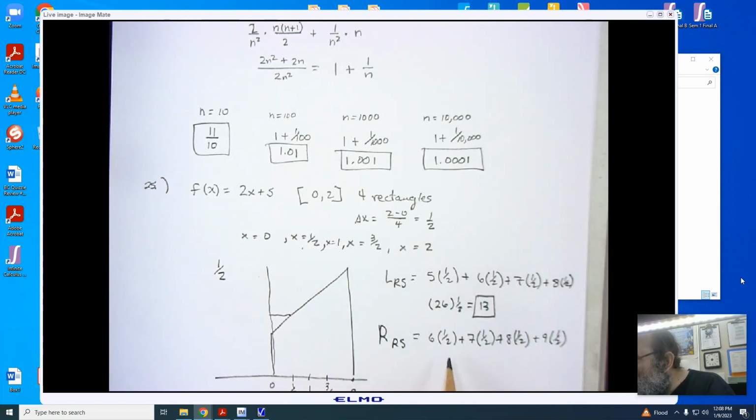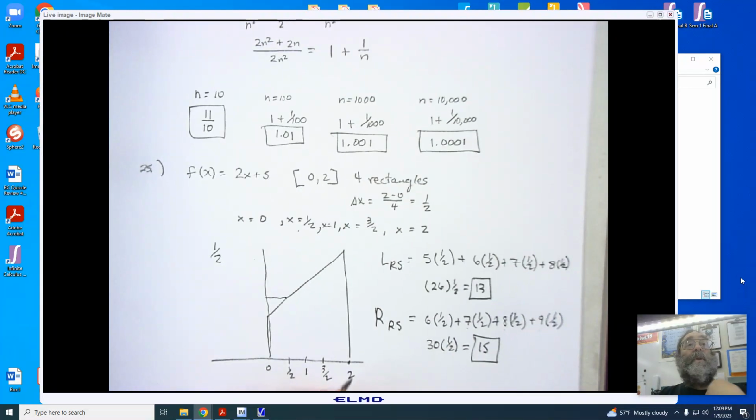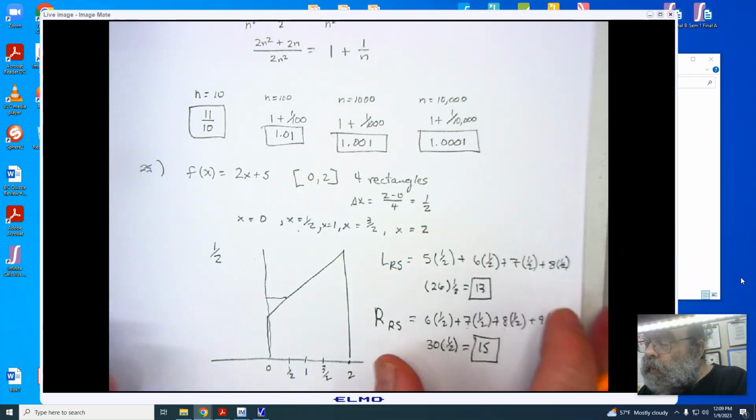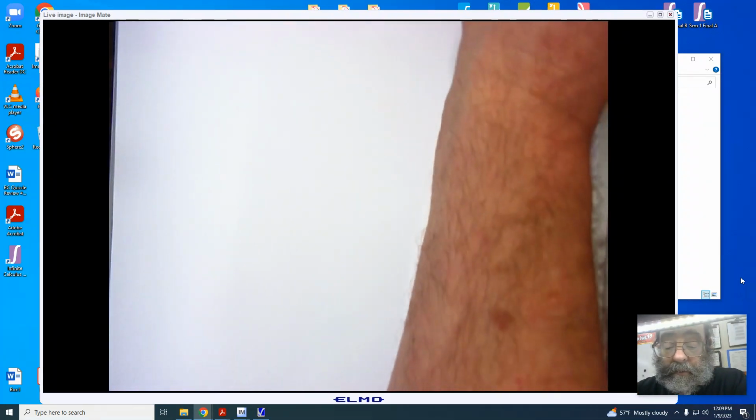And this is giving me 6 plus 7 is 13, 21, 30 times 1/2 for a total of 15. So my left Riemann sum was 13, and my right Riemann sum was 15 using 4 rectangles. The last one is number 27, which I'm going to leave for you to try.